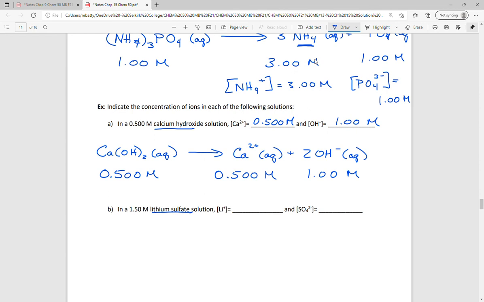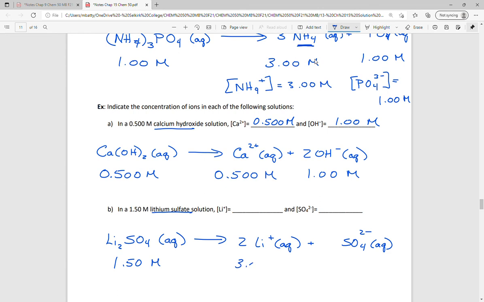So the last one, lithium sulfate. Take a minute with your polyatomics chart and get the formula for lithium sulfate right. Probably the trickiest part of this. And write out the dissociation of that ionic compound. If I start with a 1.50 molar solution, I'm going to have a different concentration of those ions in solution because of that mole to mole ratio, or the fixed ratio in that compound.